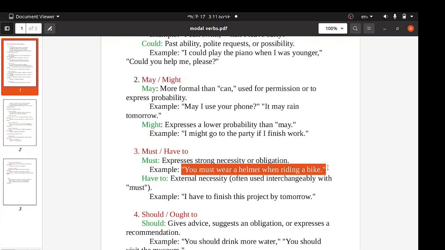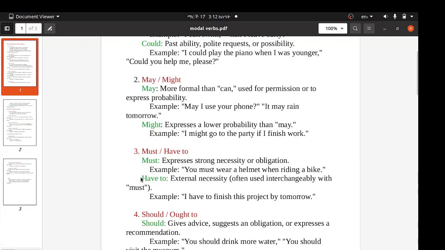This means obligation. You must fulfill this requirement 100%. Must always expresses 100% obligation. It is not advice, it is obligation.